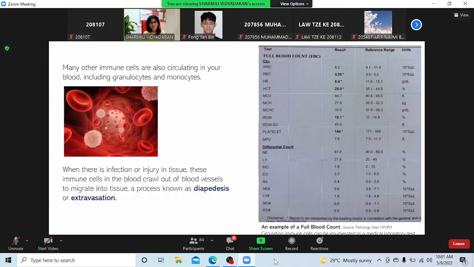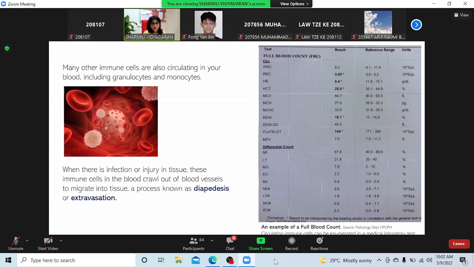Even something as dry as full blood count, neutrophil count, reference values, also helps us realize why a full blood count can be useful, because immune cells are circulating in blood. And if I take a sample of blood from a patient and I see there's a lot of neutrophils circulating compared to normal, that can indicate infection.